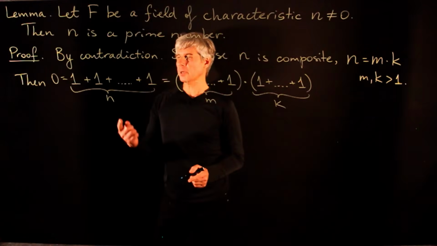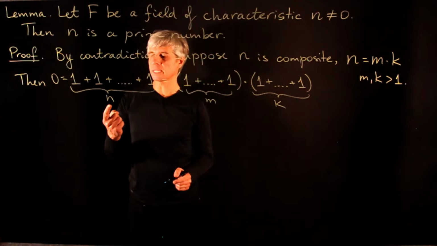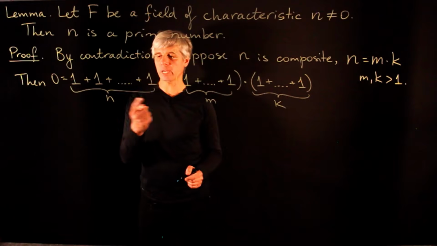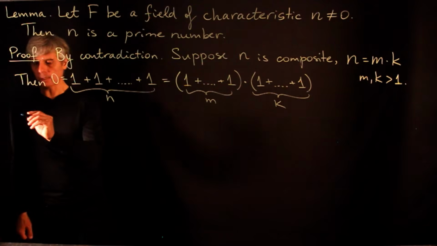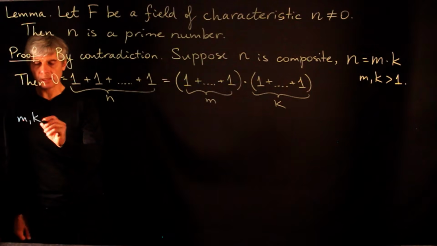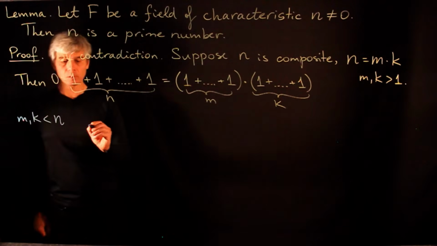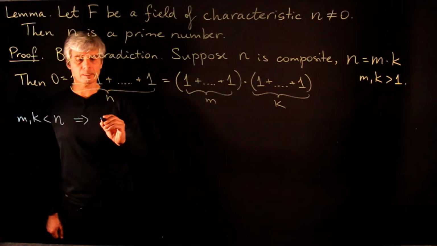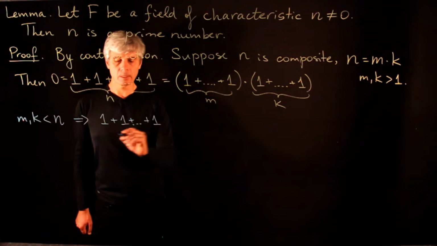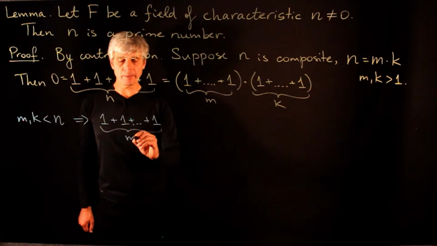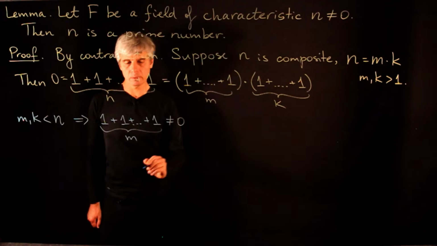Now, by definition of characteristic, n was the smallest number such that the sum of n ones is equal to 0. And here, m and k, the factors of n, are strictly less than n. So this implies that 1 plus 1 plus 1, m times, is not equal to 0.